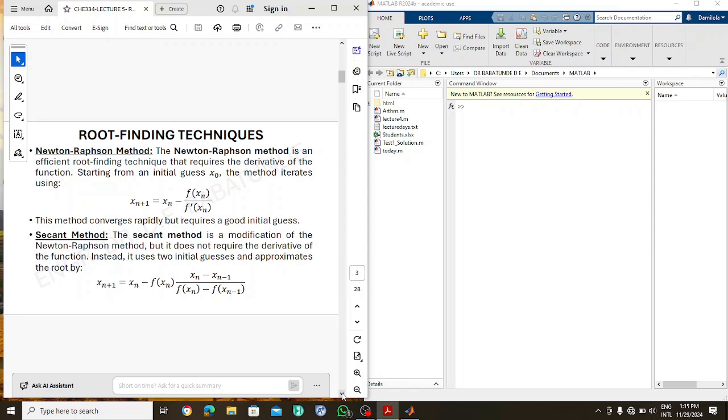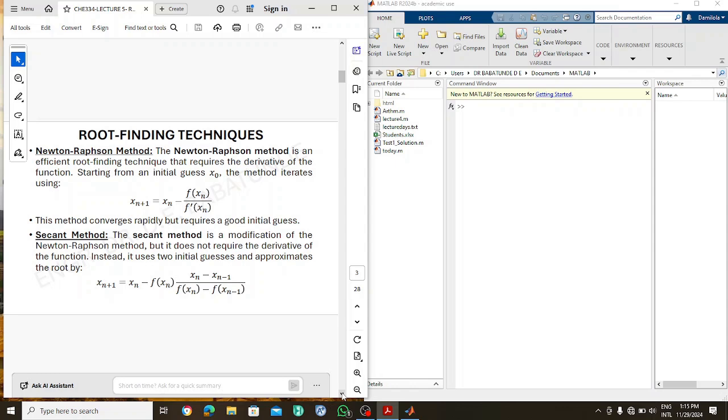Then what is f prime? It is the first derivative. So what's the value of that first derivative when x equals xn? So you continue to iterate until you get to the value of x that is best based on the prescription that you are given.